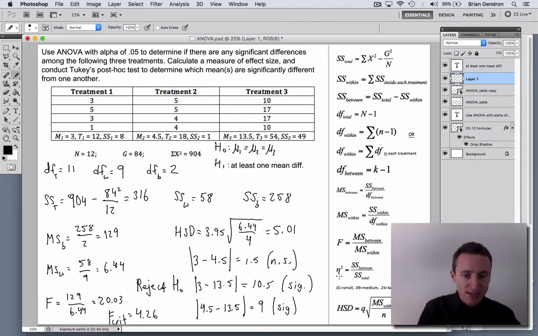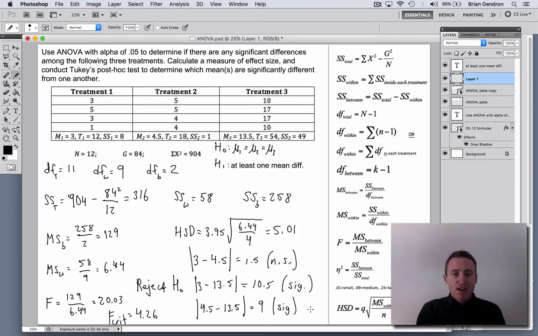And then the last thing we did just now was we calculated Tukey's HSD as 5.01, and the difference between group 1 and group 2 was not significant. The difference between group 1 and group 3 was statistically significant. And finally, the difference between treatment 2 and treatment 3 was also statistically significant.